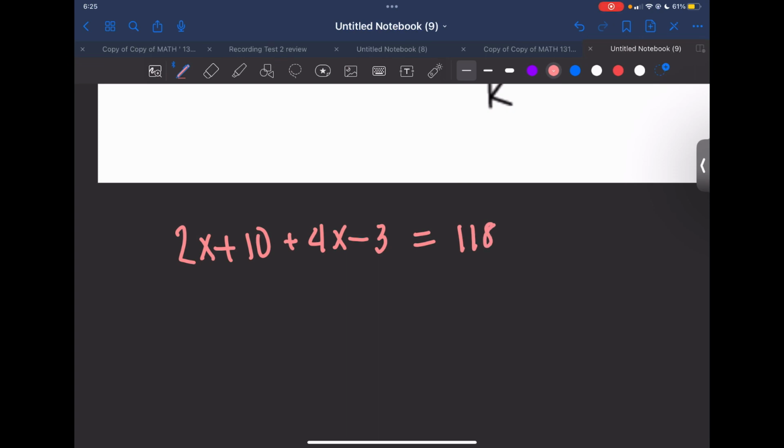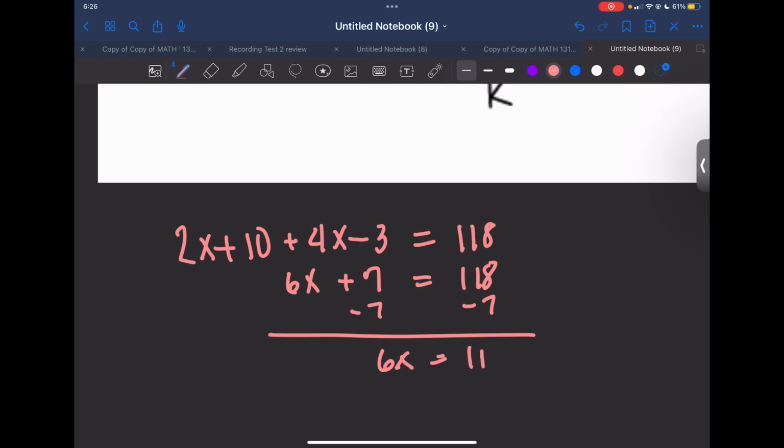Solving for x. So what goes together is 4x plus 2x, or 2x plus 4x. That's 6x. And then what goes together next is 10 minus 3. That's plus 7 equals 118. Subtract 7 from both sides. We're almost there. 6x equals 111.